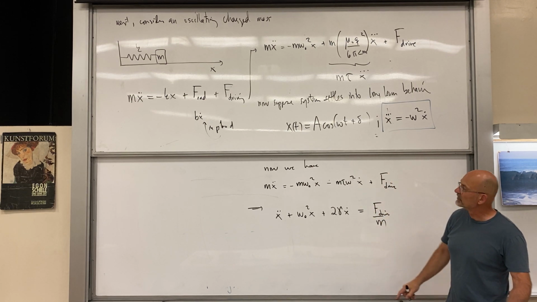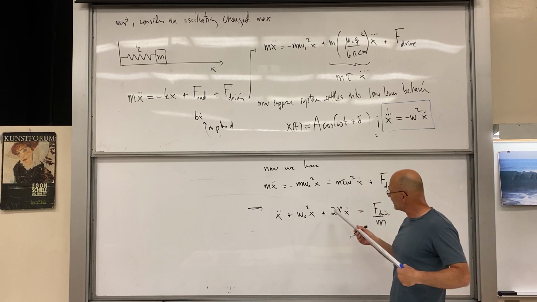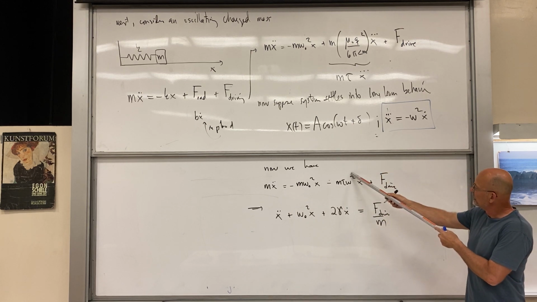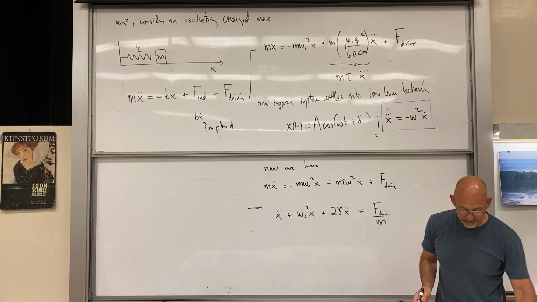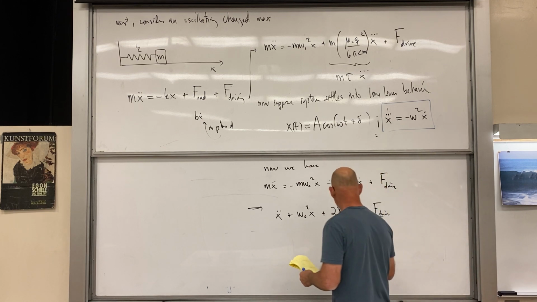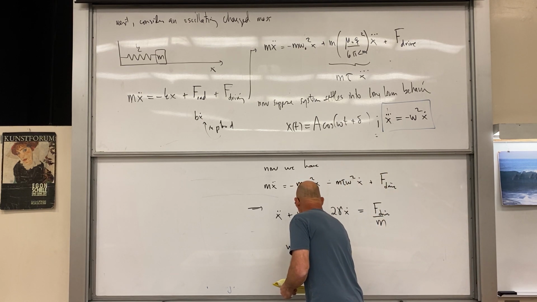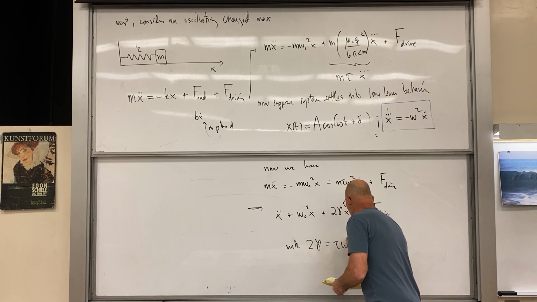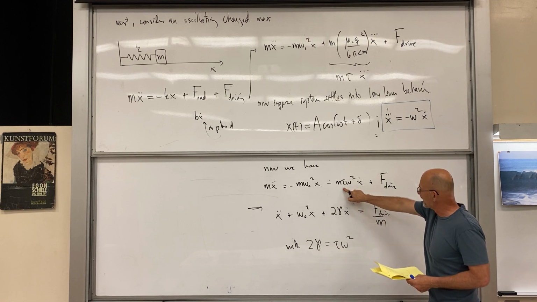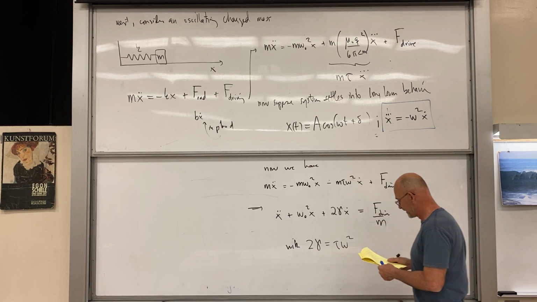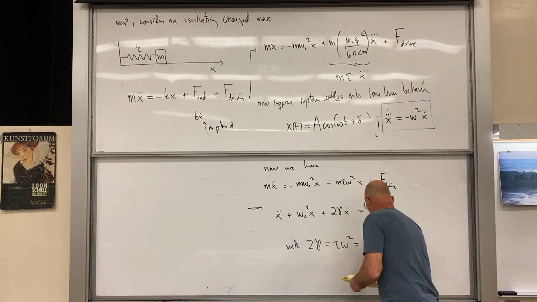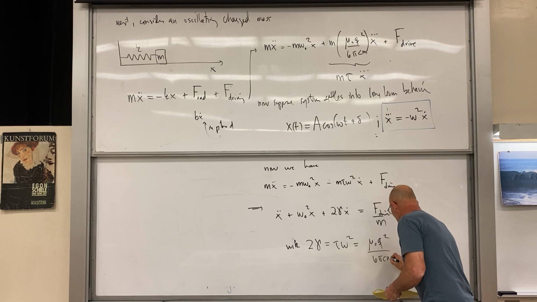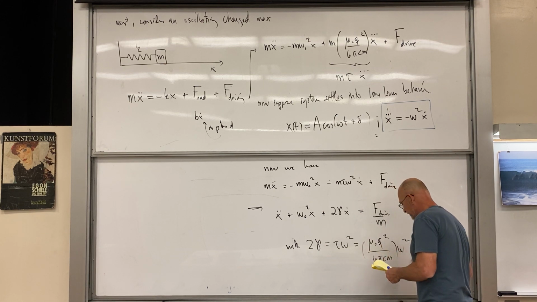And this is not the gamma we talked about before, right? This is the one that's due to our radiation damping force, with 2 gamma equal to tau omega squared, cancelling the m, which equals mu naught q squared over 6 pi c m, times omega squared.